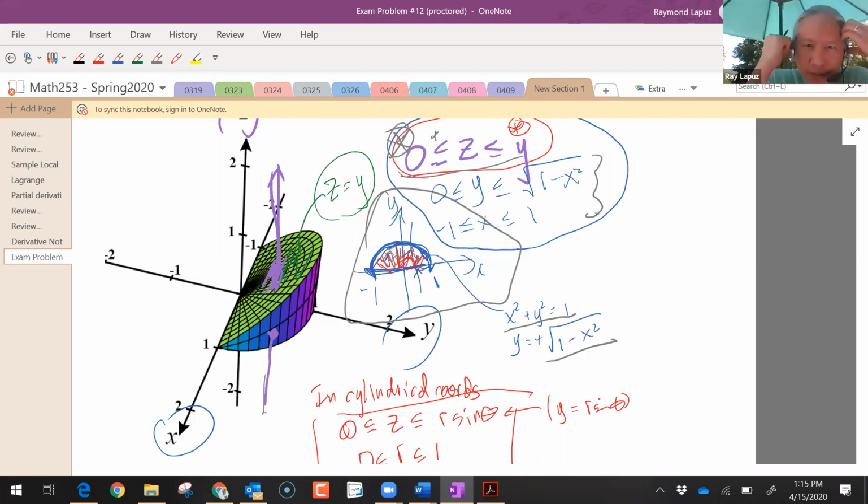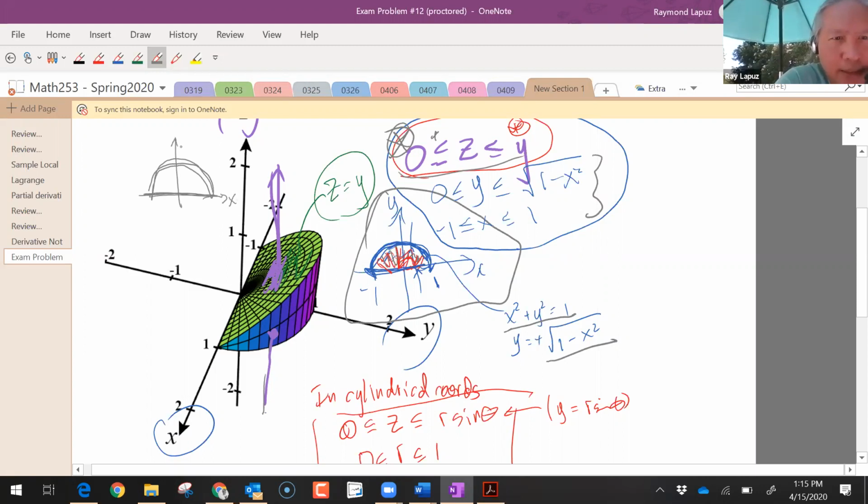Okay, what if I tried to do it a different way? Let's see if this will help. I hope it'll help and not confuse. So I'm going to redraw that picture here, the X and the Y. And this time I'll try to select an orange color.